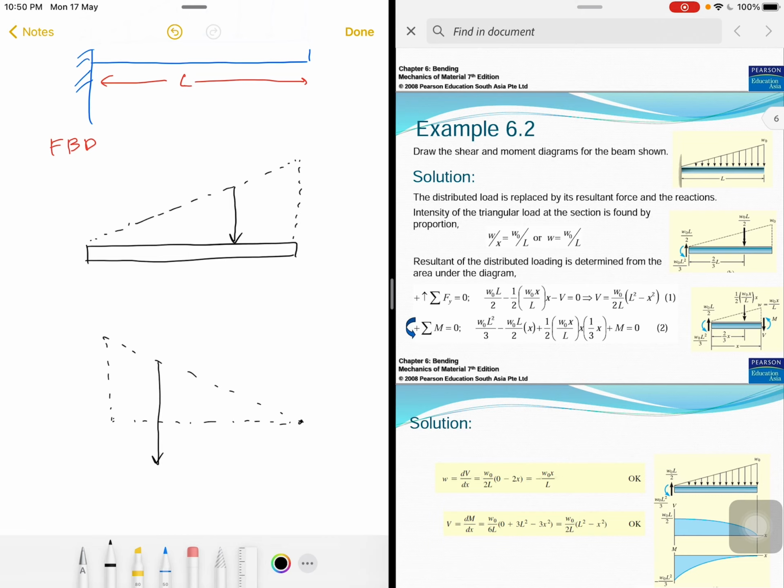So let's say the length is L, so this length is 2/3 L, but in this case the length should be 1/3 L. Okay, so this is for your understanding, so I'm going to erase this.